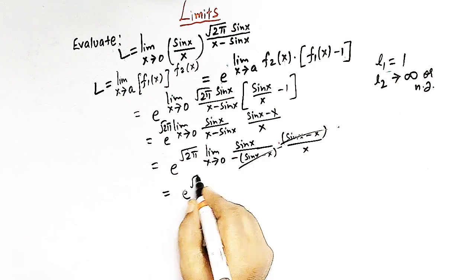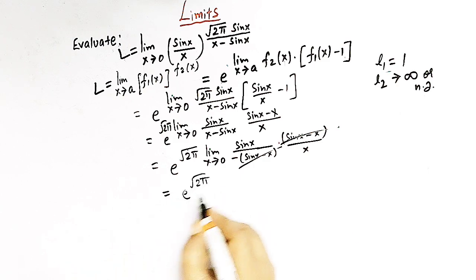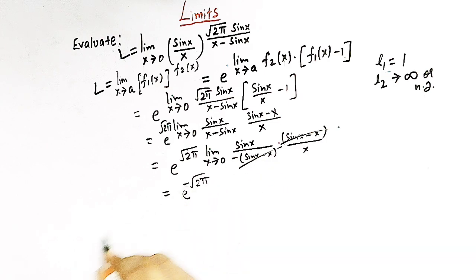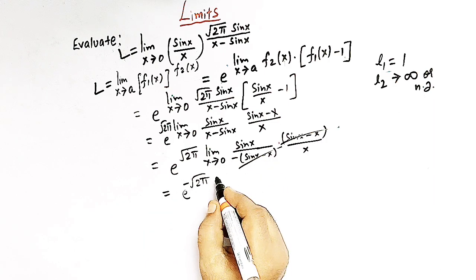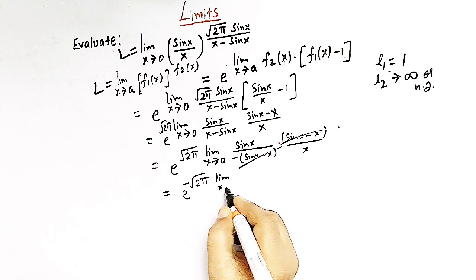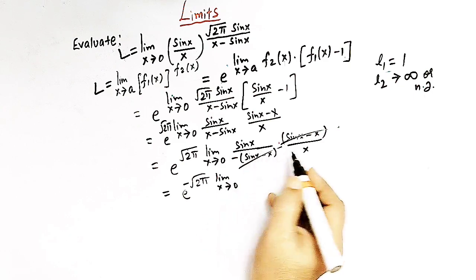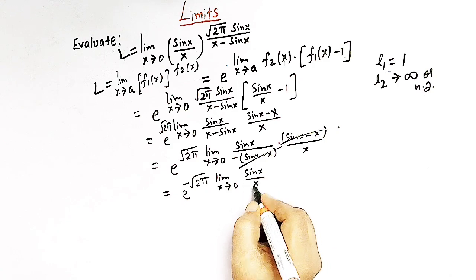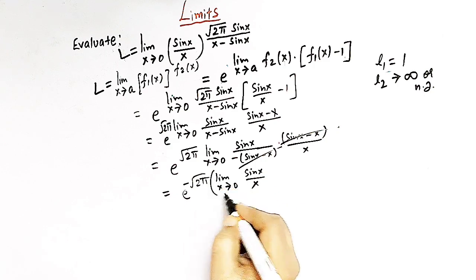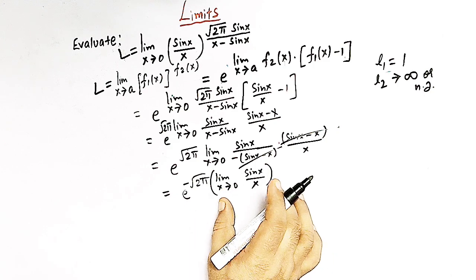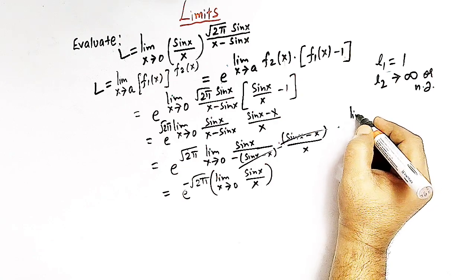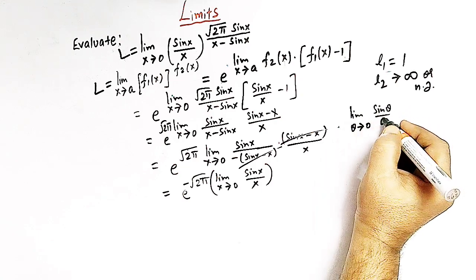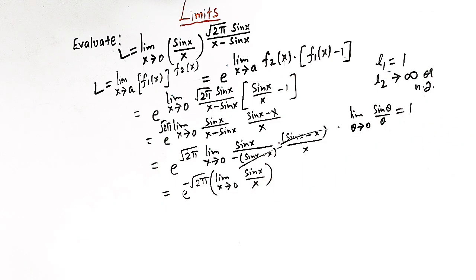So we have e raised to square root of 2 pi, and this negative sign can be taken over here, and we have limit x tends to 0, and we are left with sin x over x, right? And this limit is equal to 1 because limit theta tends to 0 of sin theta over theta is equal to 1.